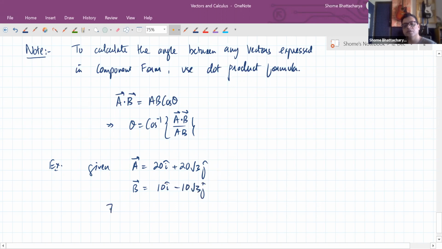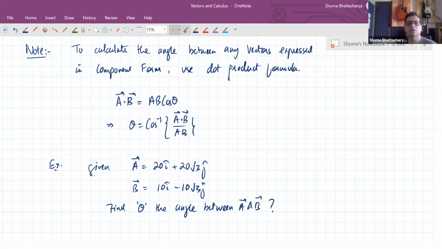Now we want to find theta, the angle between vector A and B. Okay. So that's where we can make use of this formula above.